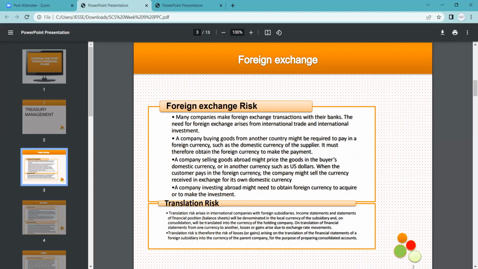This has implications though. When the customer pays in the foreign currency, the company might sell the currency received in exchange for its own domestic currency, right? So let's say you want to buy, for example, a property in Osu. And properties in Osu are usually valued in dollars, right?